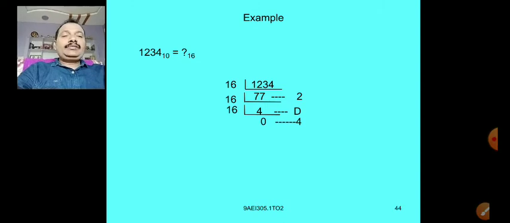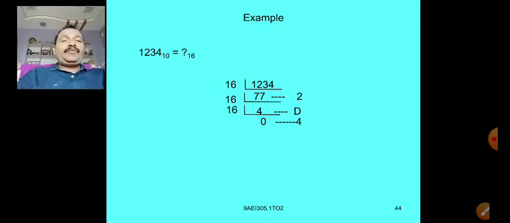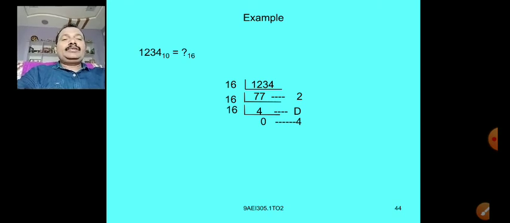A is 10, B is 11, C is 12, D is 13. That you have to remember. That means 16 fours are, you will have quotient 4 and remainder D. The equivalent letter you have to represent. And 16 zeros are, so 0 is the quotient and 4 is the remainder.